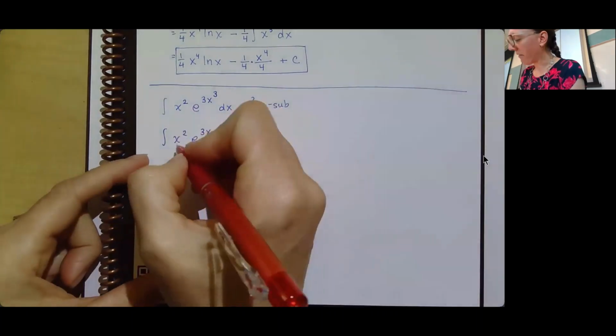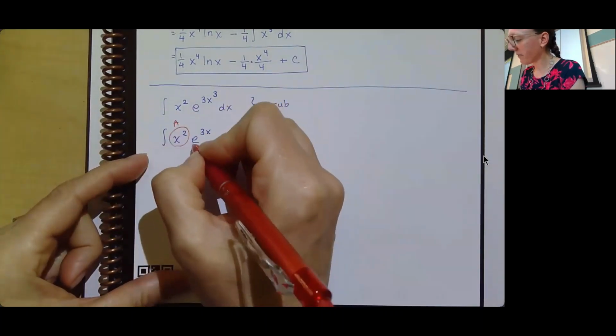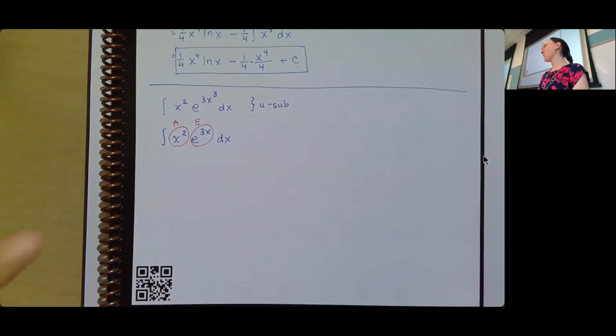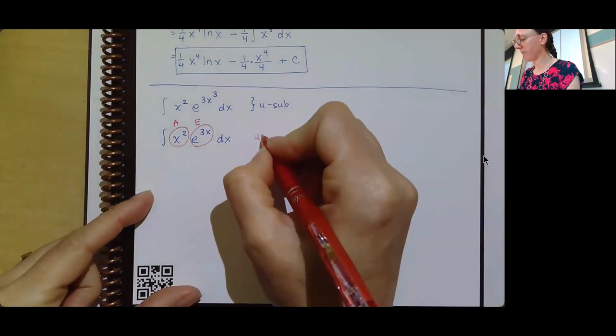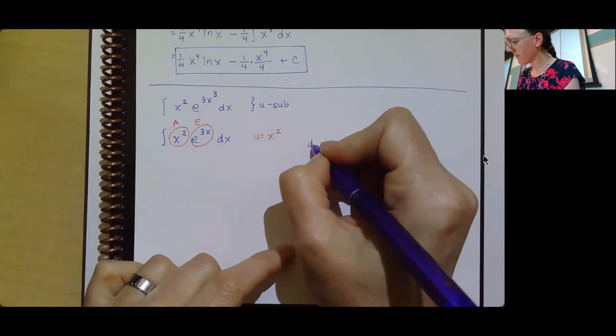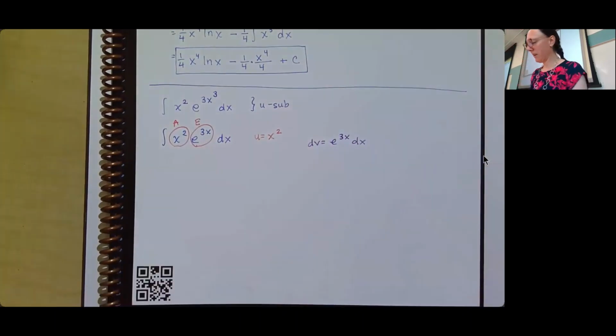I've got a mixture of algebra and exponentials. A comes first in the word LATE. I'm going to let u be equal to x squared, which means my dv is everything else, which is e to the 3x dx.